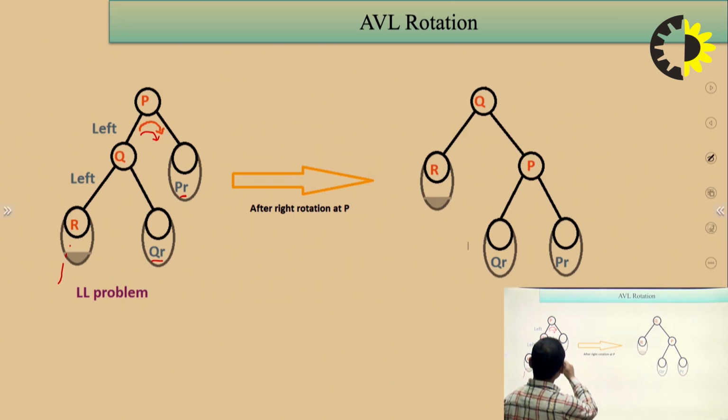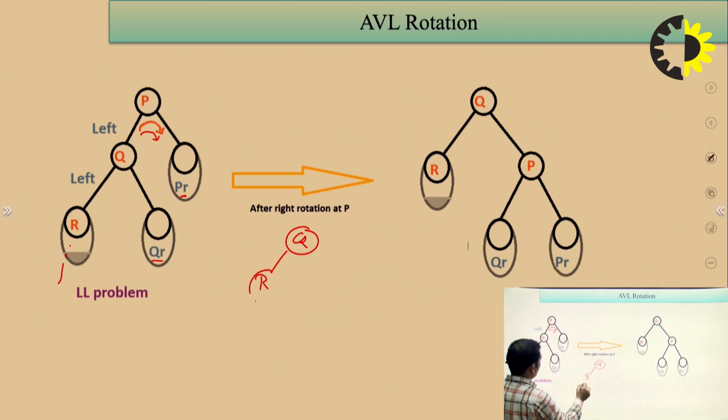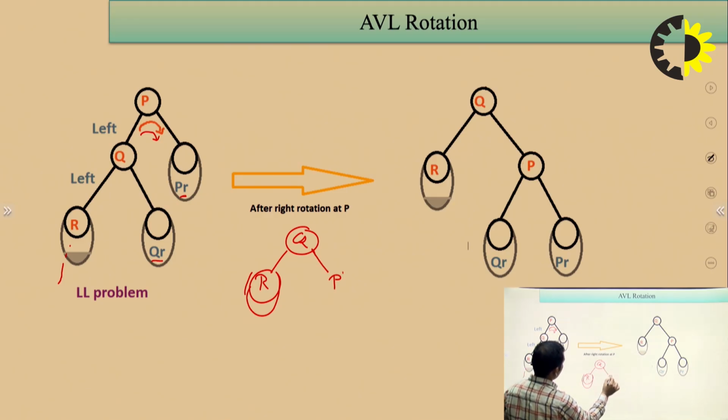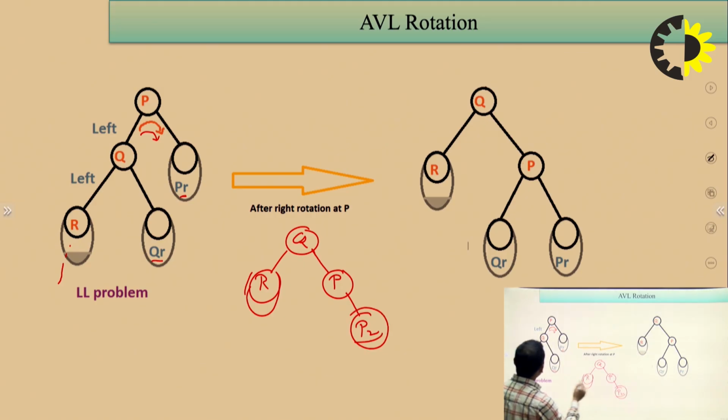So, after rotation, our Q comes upside, as we see Q upside, and this branch is the same in this manner, and P will come to the right, rotate here. So, this down and this PR on the right side of this particular subtree. This particular node will go where?